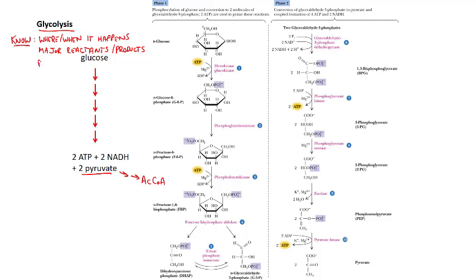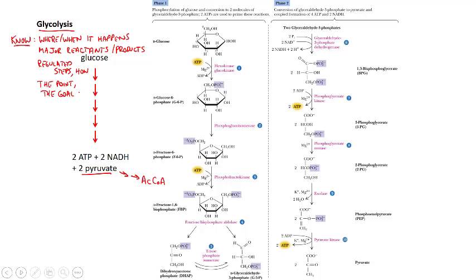You need to know the regulated steps and how it's regulated. And lastly, you need to know the big picture stuff. What is the point? What is the goal? That's what you need to know about glycolysis.